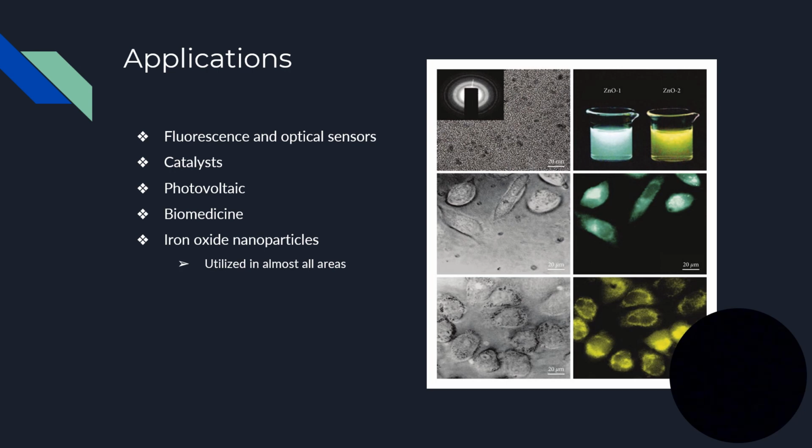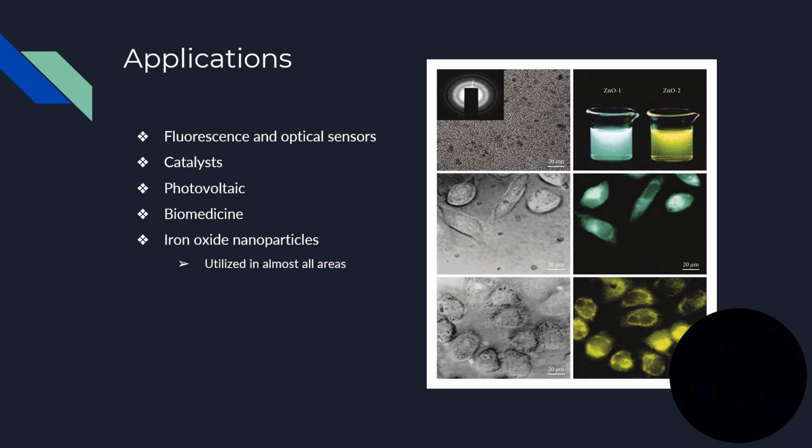And moving on, I picked out an application for iron oxide nanoparticles. These are utilized in almost all the areas. Iron oxide-based nanoparticles are extensively utilized in almost all areas because of their unique magnetic, electrical, chemical, and optical properties.